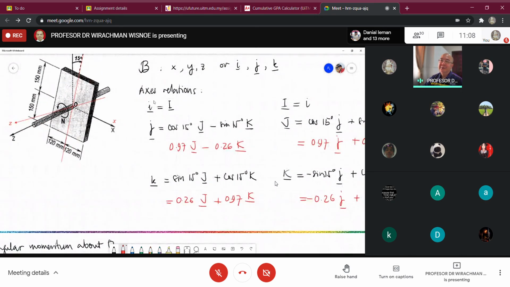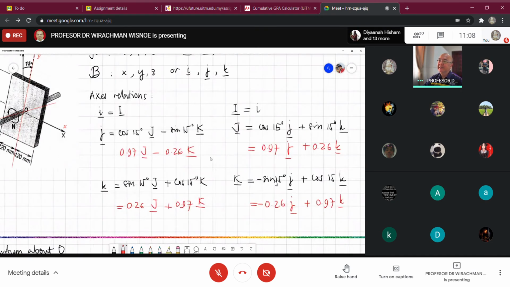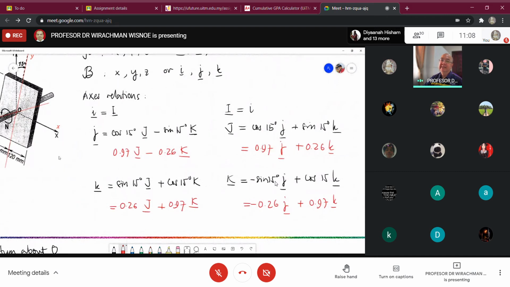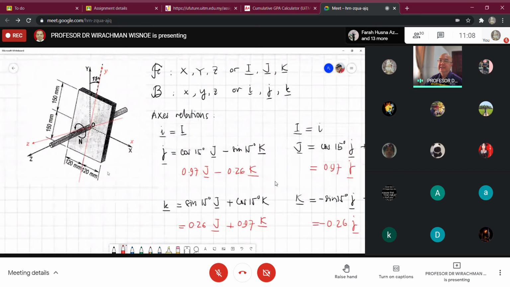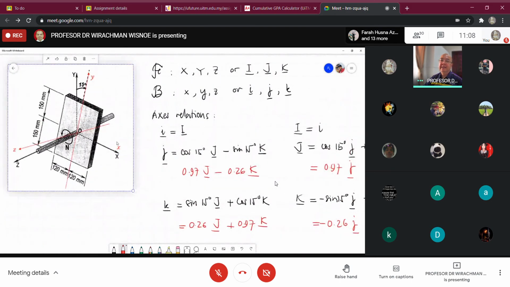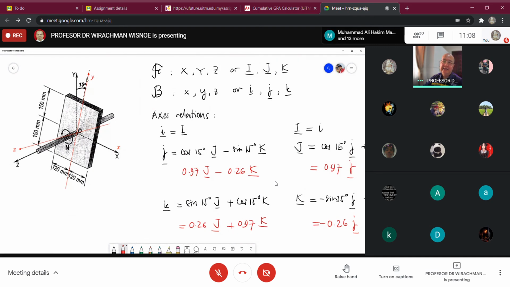Either you write like this or you write like this. Same thing. It's not the same, but if you see this one, now you want to see the capital. So the capital Y is cosine of the small y plus sine of the small z.